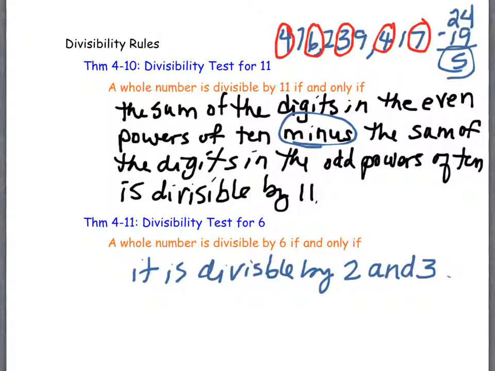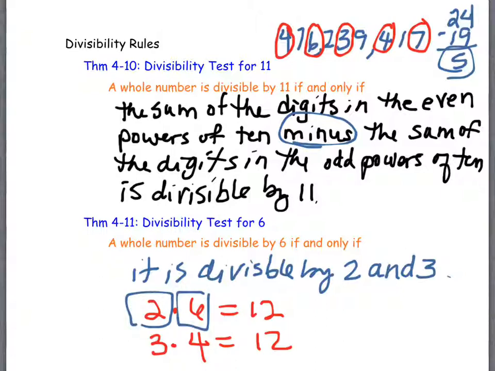Here's the difference. When you look at the numbers 2 and 6 making 12, compared to 3 and 4 making 12, those two numbers have a factor in common. 2 and 6 are both divisible by what? 2. 3 and 4?